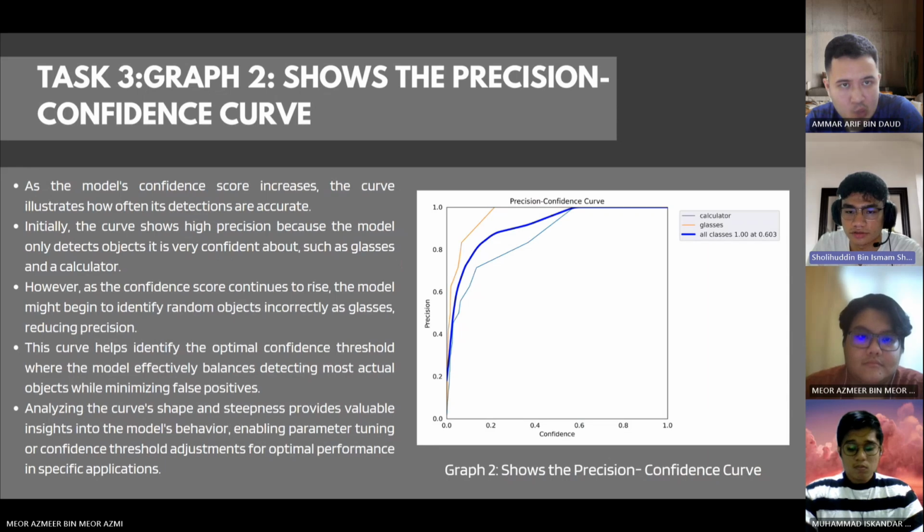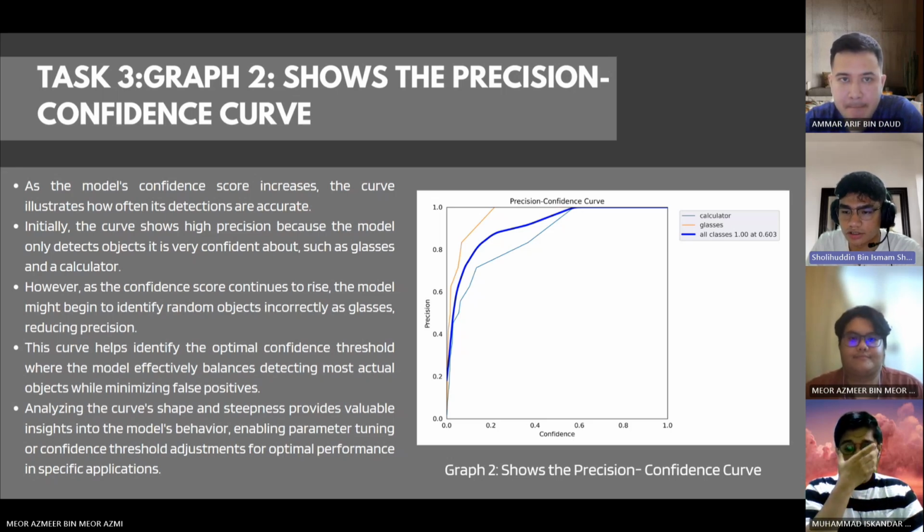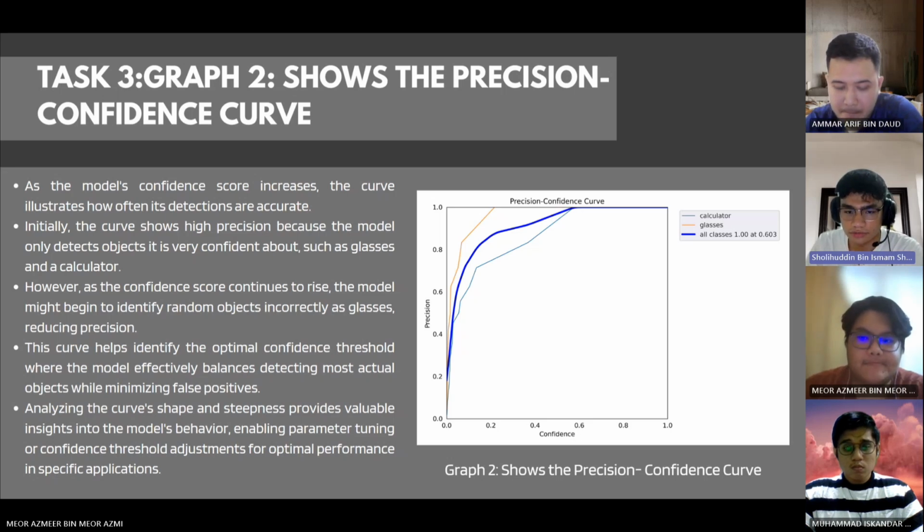The second one, graph 2, shows the precision confidence curve. As you can see, we got two classes, calculator and glasses. The blue one is all classes' accuracy and confidence level. Initially, the curve shows high precision because the model only detects objects it is very confident about, such as glasses and calculator.